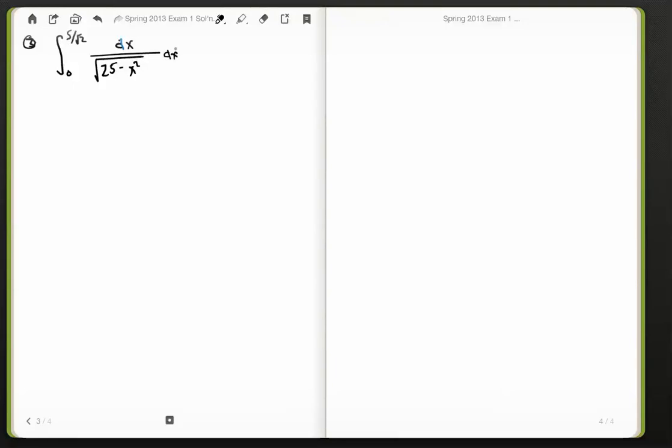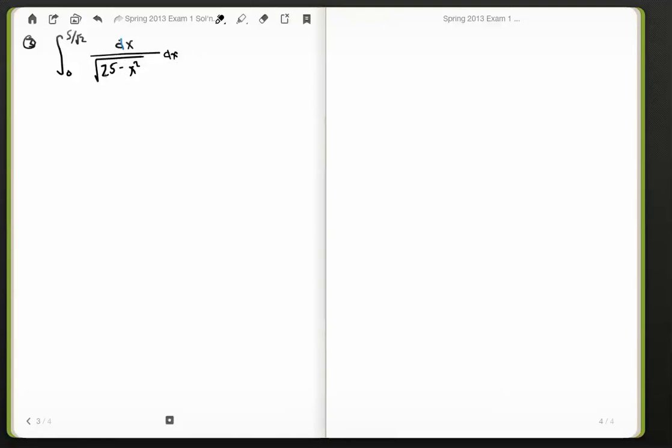Dx. Okay, now hopefully by now you kind of see, I've got a difference of a constant and a variable squared under a radical. This is going to be a serious hassle, so we use a trig substitution.